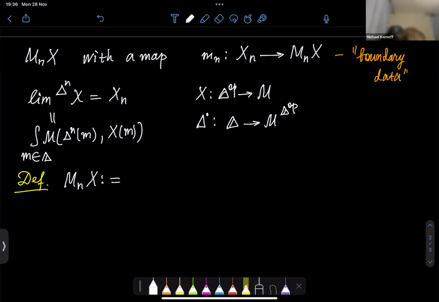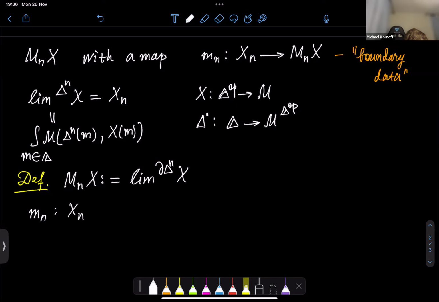Matching object is just a weighted limit with a weight like this, okay, and we have the following arrow, which is induced by the map of weights.